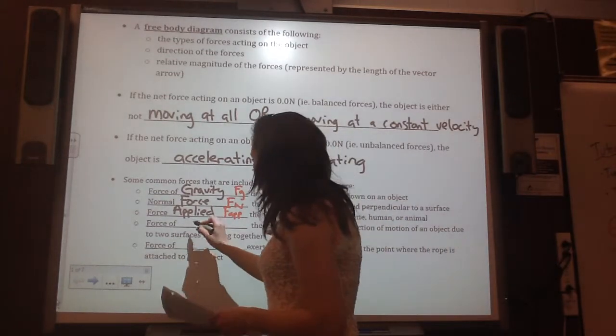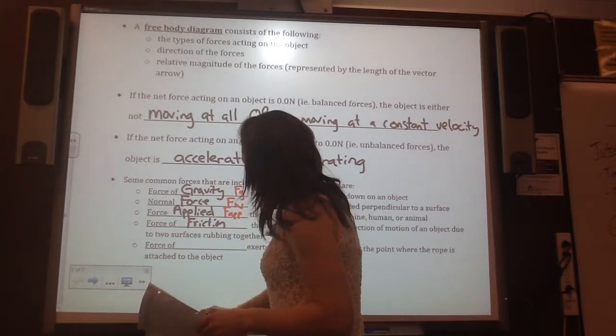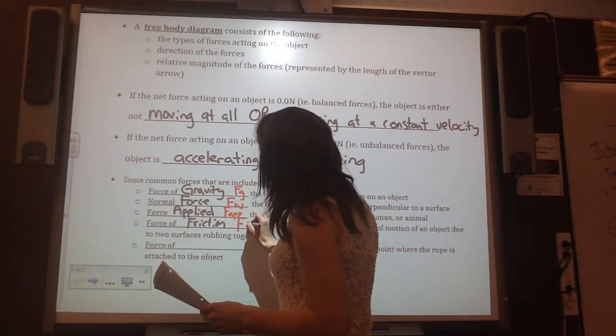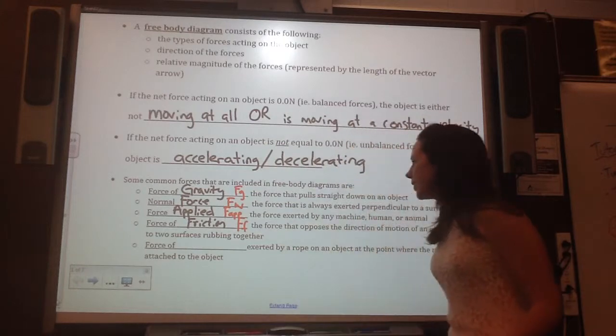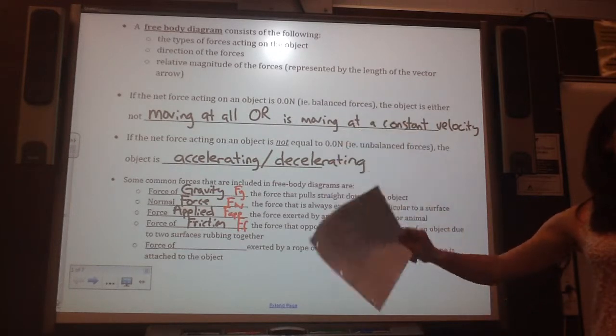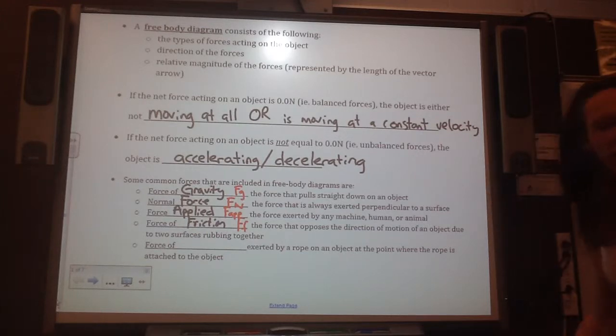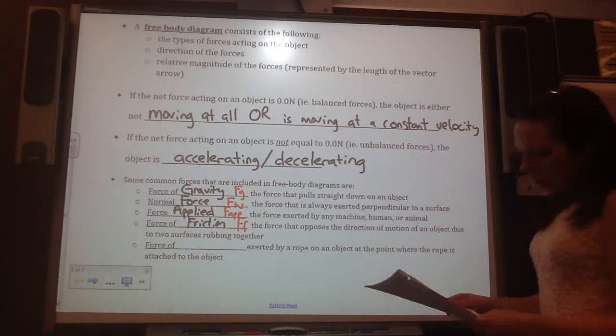The next one is the force of friction, which is big F, little f. This is the force that opposes the direction of the motion of an object due to the two surfaces rubbing up against each other. And that could just be air friction, right? The air rubbing up against, say, an insect's wings, or it could be the ice, or it could be friction on this table, okay?